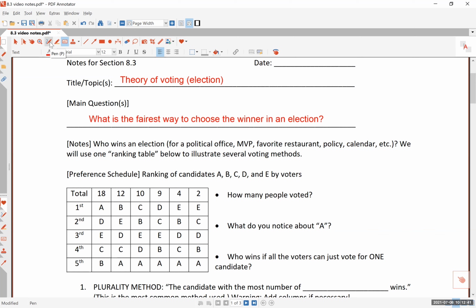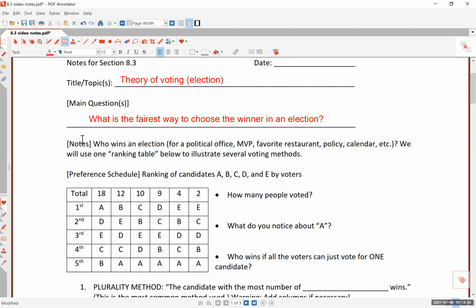I hope you learn these different methods practiced all over the world, and have some understanding of how the winner is chosen in an election. So let's pay close attention as we study this very last section of chapter 8.